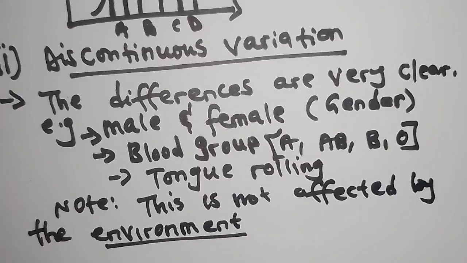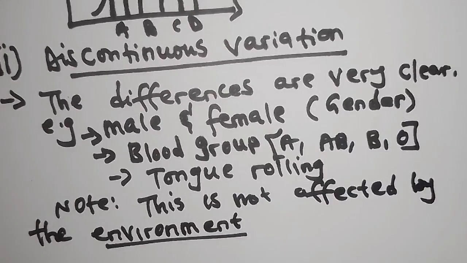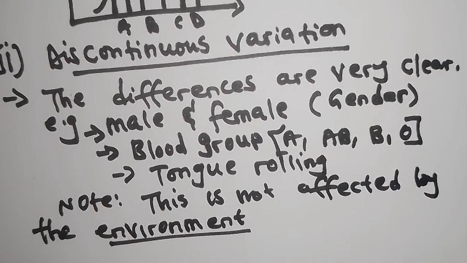If you are female, you go to America, you go to the USA, you go to China, you'll still be female. If you're male, you go to South Africa, you go anywhere, the environment is actually not going to affect you in terms of those characteristics, in terms of being male, female, or the blood group that you belong to. So this is all you need to know about variation.